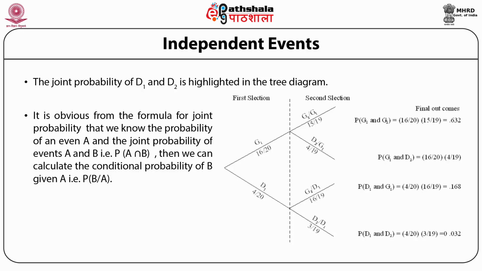Third, probability of D1 and G2 is probability of D1 multiplied by probability of G2 when D1 has already occurred. Then probability of D1 and D2 is probability of D1 multiplied by probability of D2 when D1 has already occurred, like this. So probabilities will be given and the problem is solved.